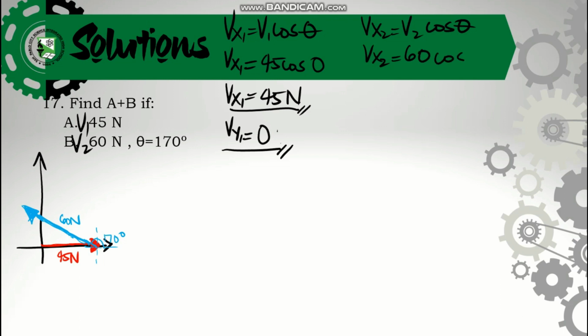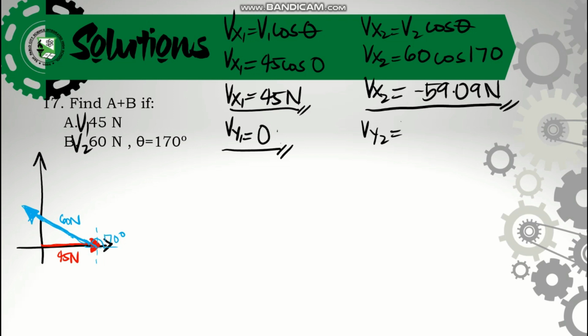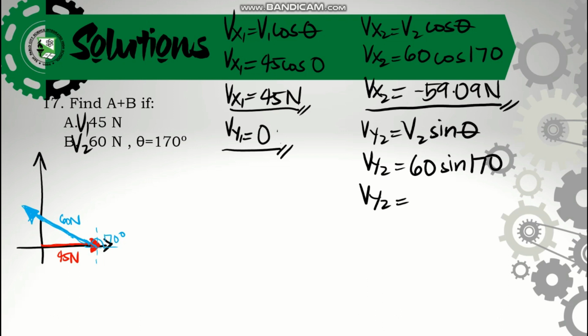Pero kung gusto nyo talaga para mapatunayan, when you put that on the calculator, you can just get 45 Newton because cosine 0 will give the value of 1. And then yung Vy1, we don't put it on the y component anymore because we know that it's on the x-axis. That's why we have the 0 value.